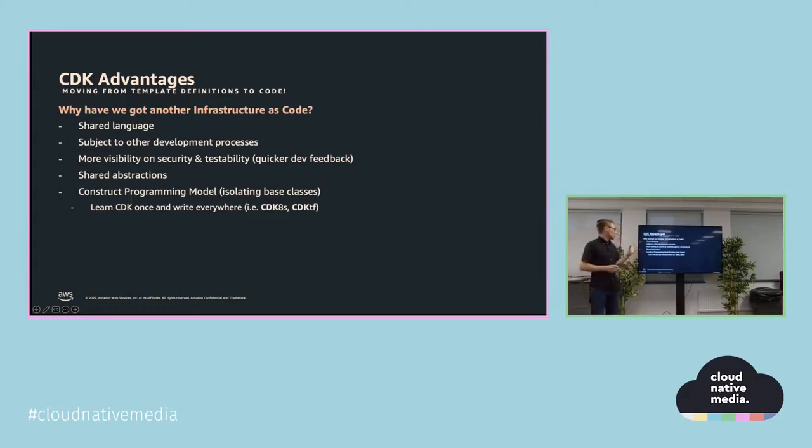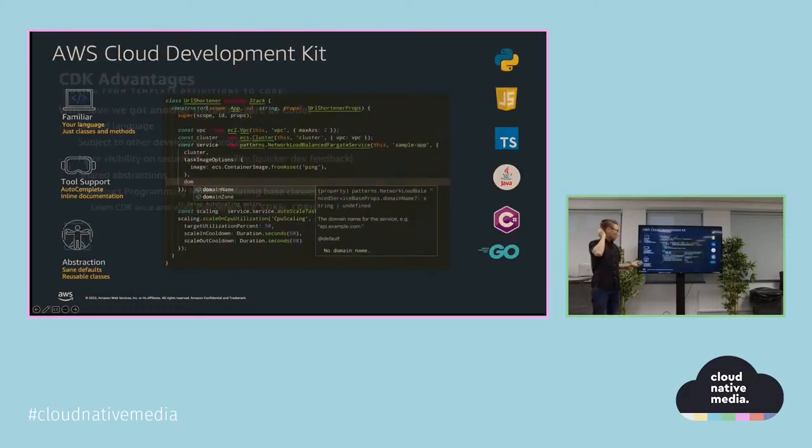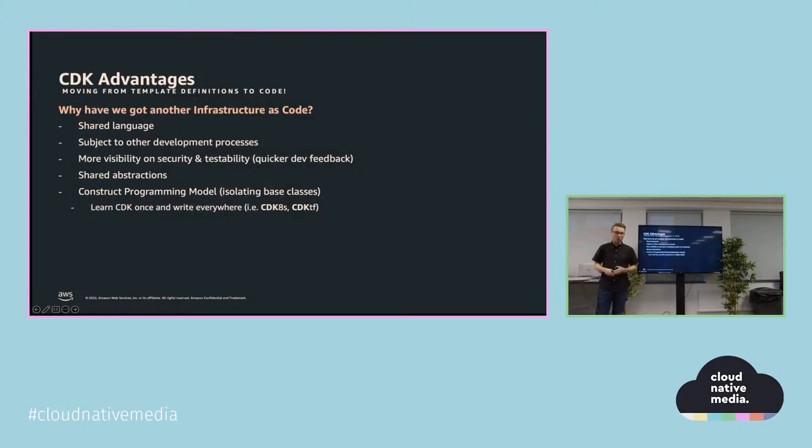Just coming back to your other development processes, I think another great thing about this, and I think it was on a previous slide, but one great thing about code and templates is that you can check them into your software versioning control software too. So we kind of moved to this place where you don't need to write additional documentation if you don't want to alongside your infrastructure as code.